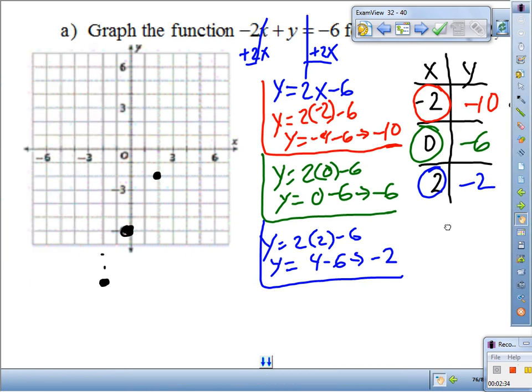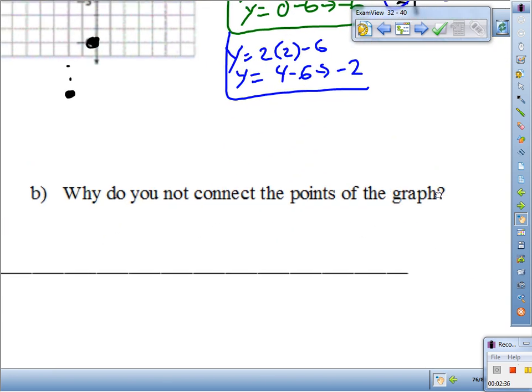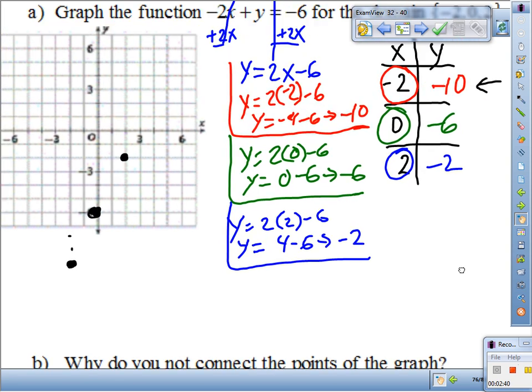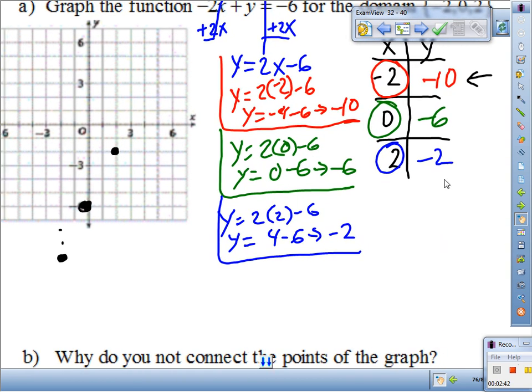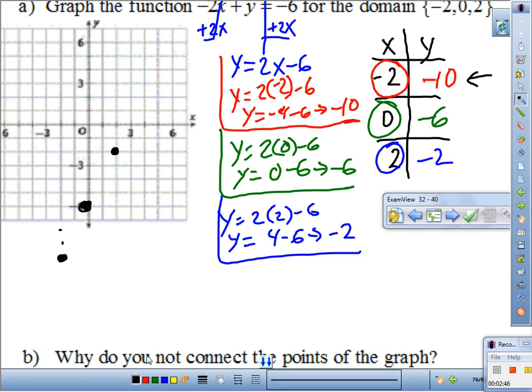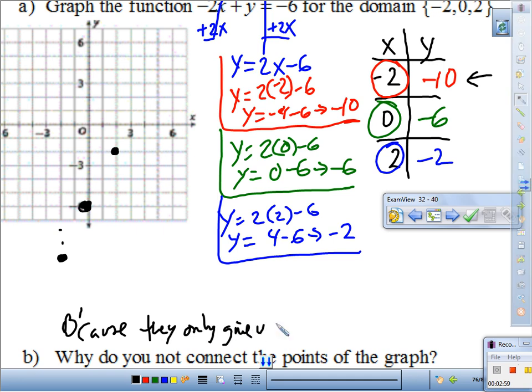That pretty much answers the question that follows. Why do you not connect the points on the graph? Danny, why don't we? Okay, close. How about we just write because they only give us a specific domain.